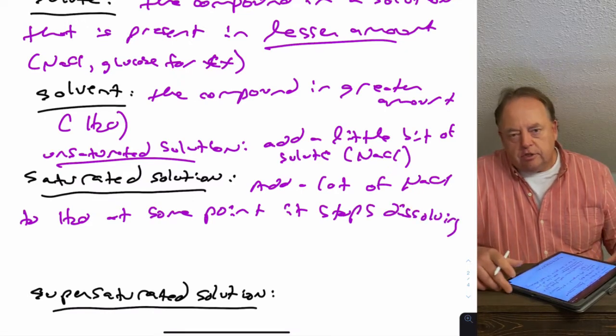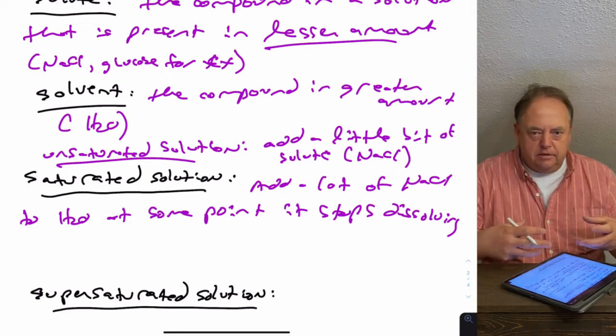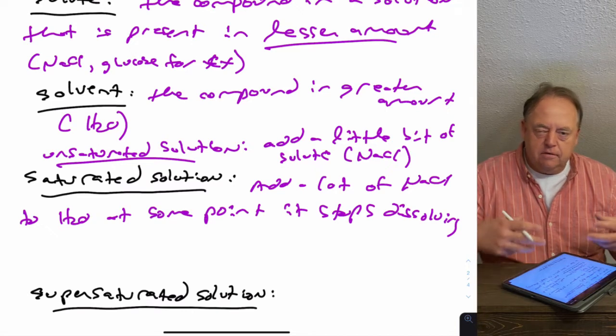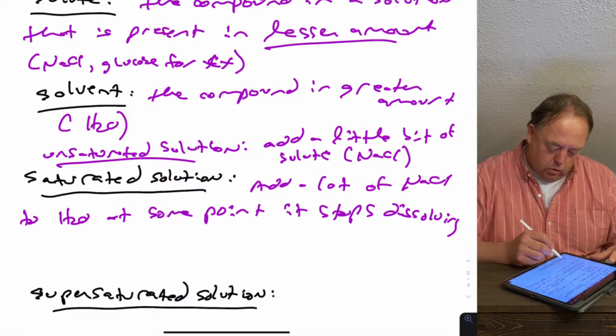then at some point it stops dissolving, and then you have two phases. You have a solid phase, solid sodium chloride that did not dissolve, and the aqueous phase, the solution, the sodium chloride that is dissolved in water.